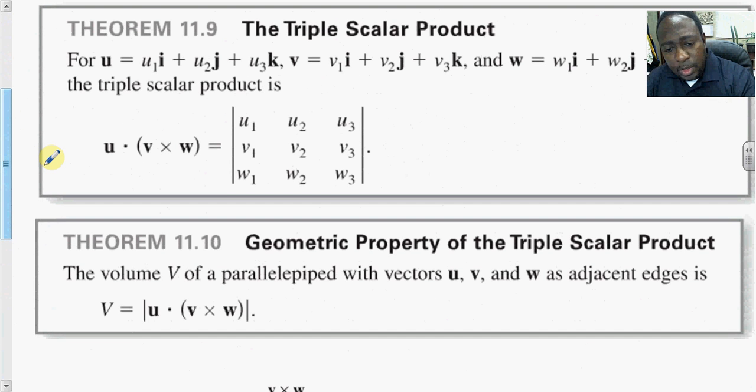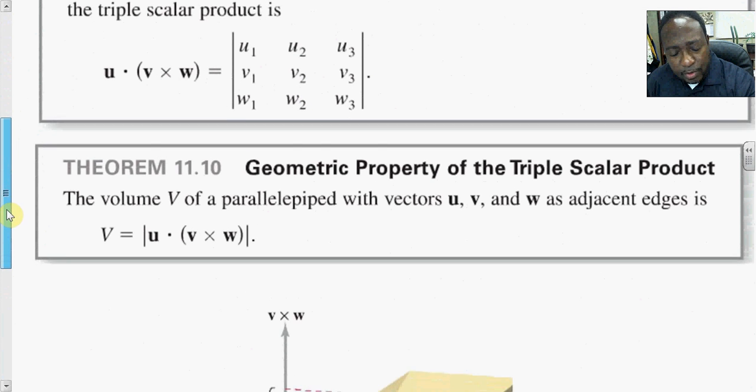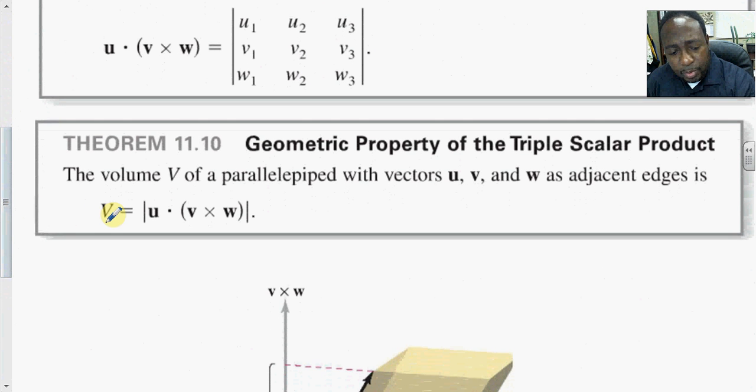Here, the triple scalar is no more than the determinant of the 3 by 3 with vector u as the first row, vector v the second row, and vector w the third row. The absolute value of this triple scalar product is the volume of a parallelepiped.